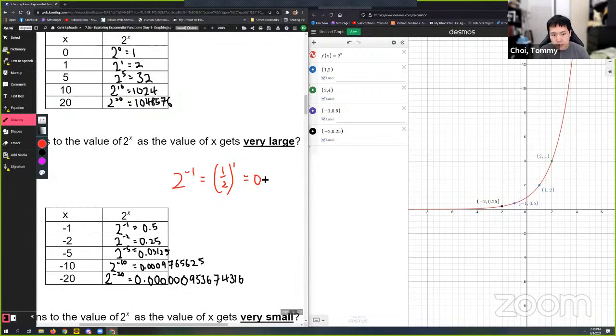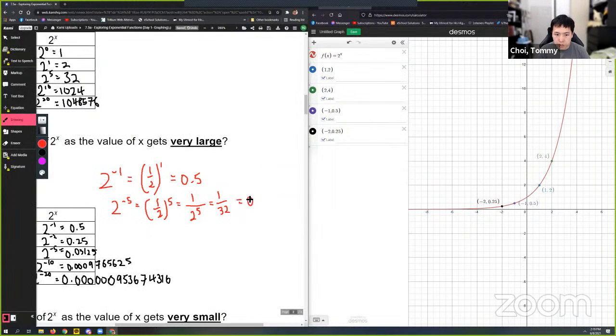Does that make sense? So that's why it gives us 0.5, because 1/2 to the power of 1 is 0.5. If we do 2 to the negative 5, we're essentially saying it's 1/2 to the power of 5, which is 1 over 2 to the 5, which is 1 over 32, which gives us 0.03125.